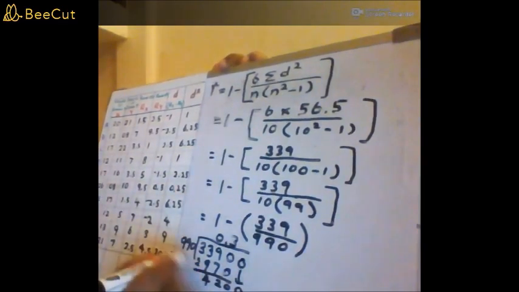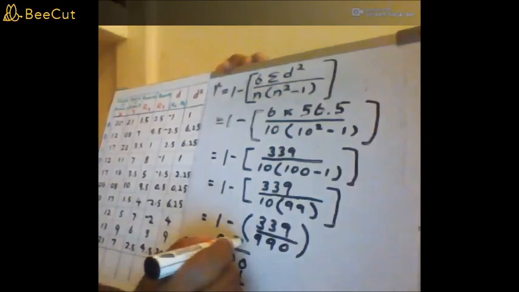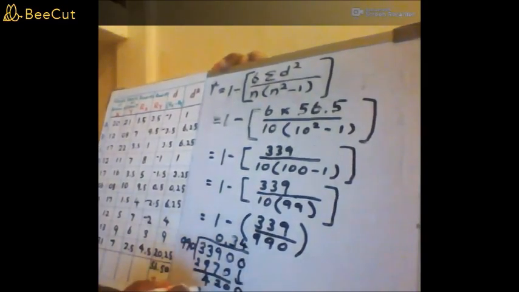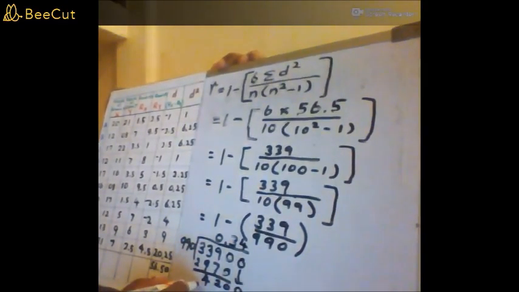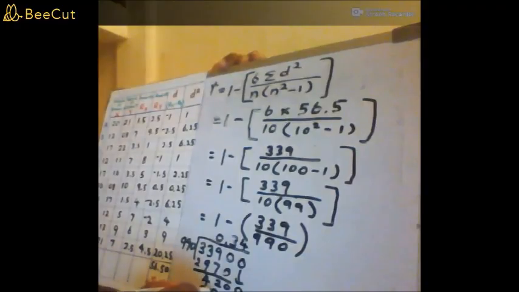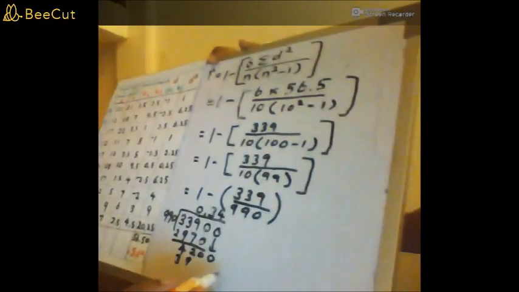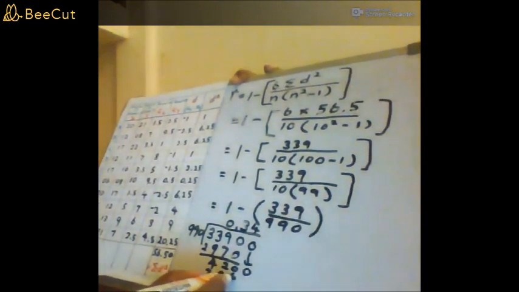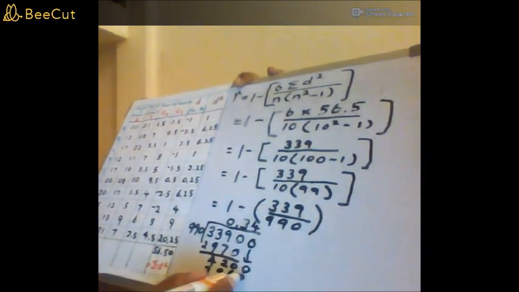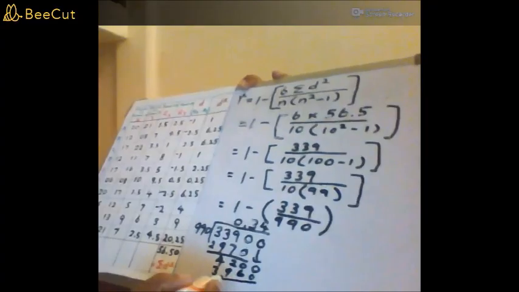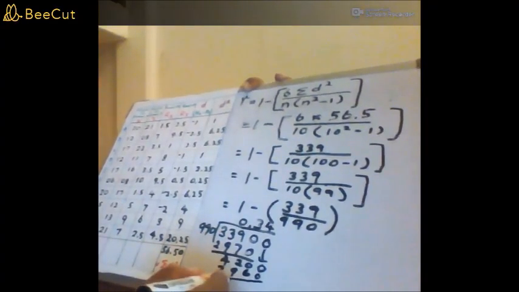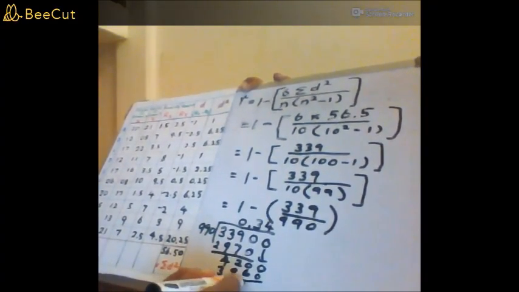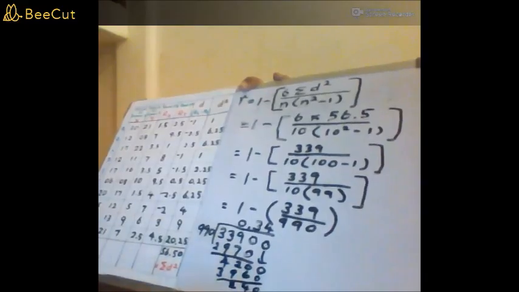Then you can find, we'll say 4. Here it is 2 4 0.